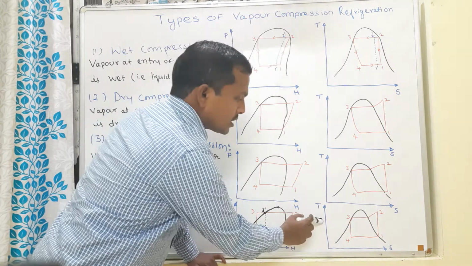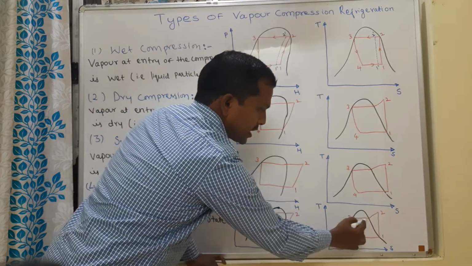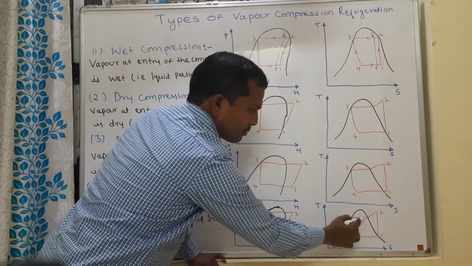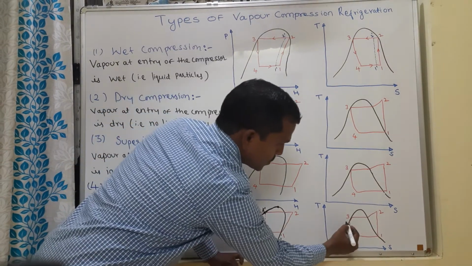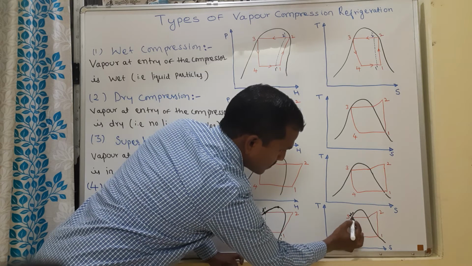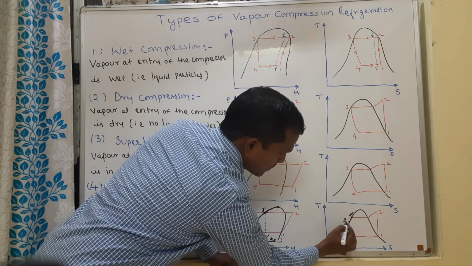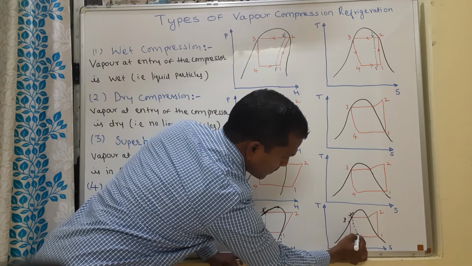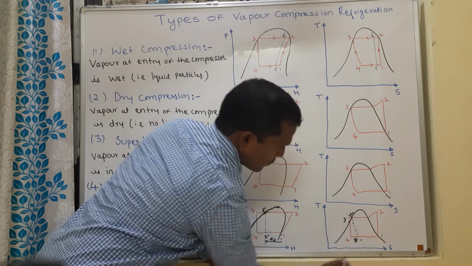See here, this is the TS diagram. So TS diagram, constant pressure line 2 to 3. This is 3, sorry, this is 4.